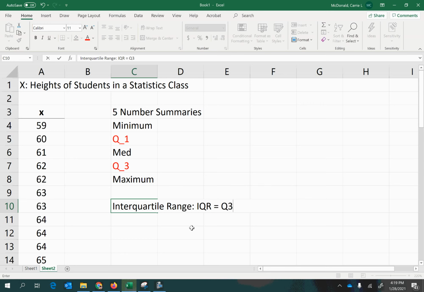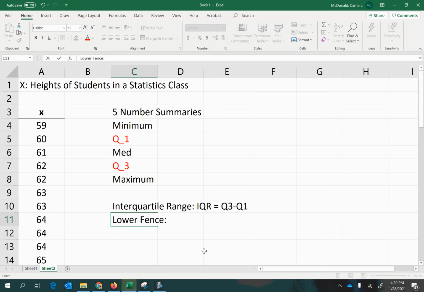So if you've seen, I'm just going to not put the subscripts to make it a little less busy here. And so if you've seen any questions where you're identifying outliers, remember you're going to take the IQR, subtract Q3 minus Q1, and multiply it times 1.5. And you're going to use that to find your fences. The lower fence will be the dividing line for values that are not outliers.